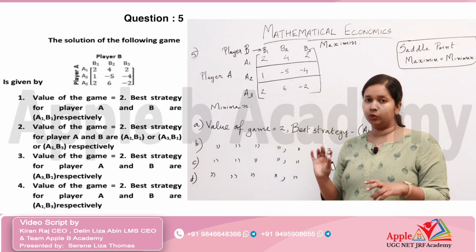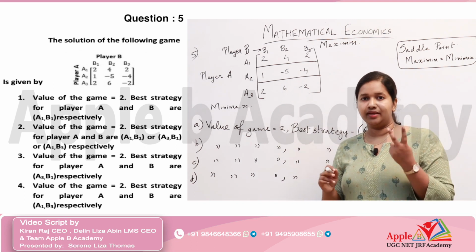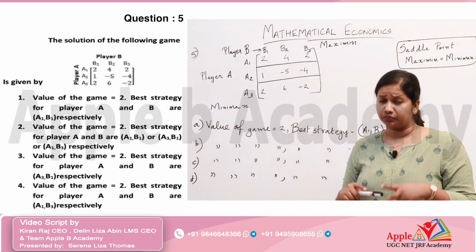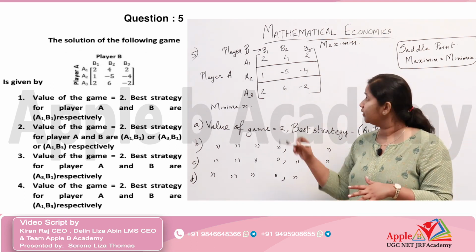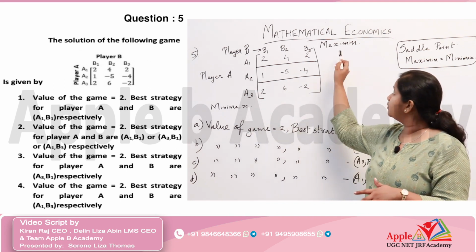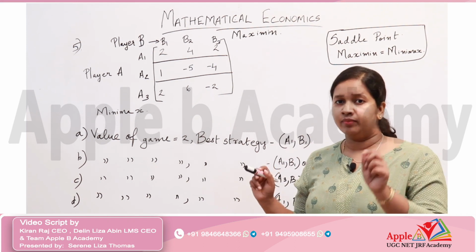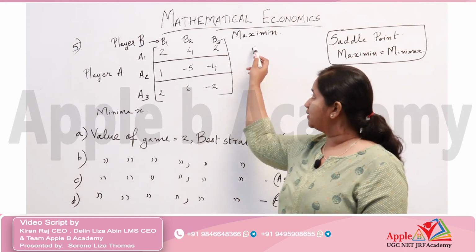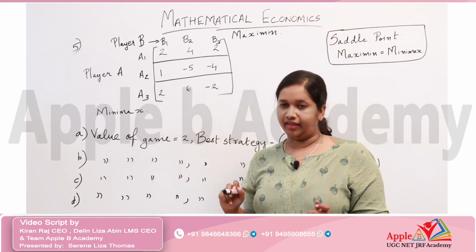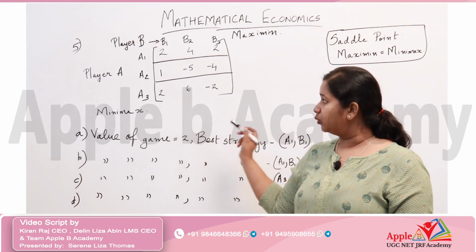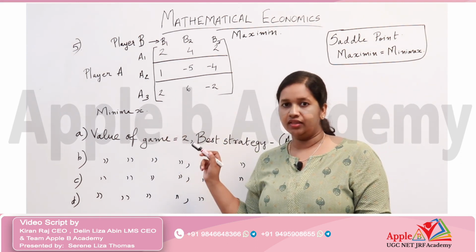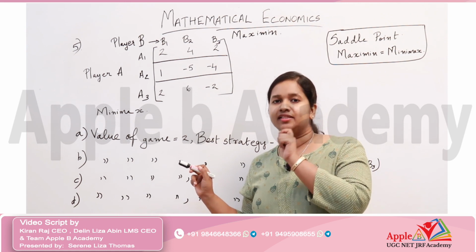So, this is a two-player game, with player A and player B. We assume that player A follows a maxi-min strategy, that is maximizing the minimum gains, and player B follows a mini-max strategy, that is minimizing the maximum loss.